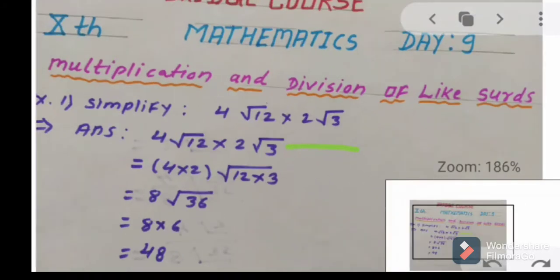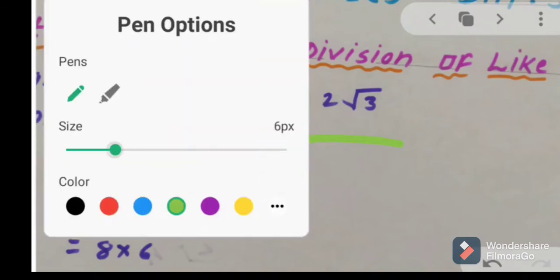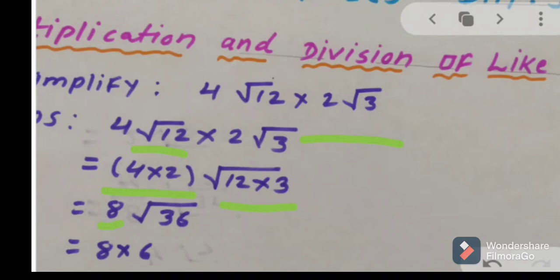Okay, so in the multiplication of the surds, friends, an example is given, that is simplify 4 root 12 into 2 root 3.